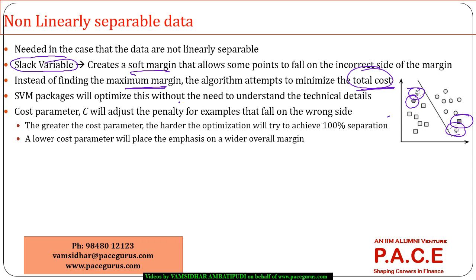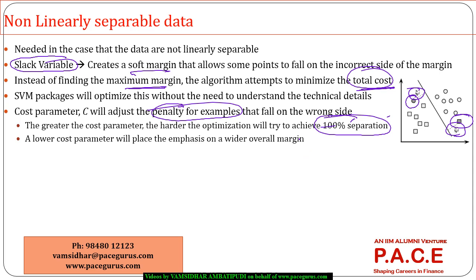So again, these are there as a part of the SVM packages itself. When I am talking about the cost, we are talking about a penalty for those examples that are falling on the wrong side. So if the cost parameter is much higher, there could be a possibility of 100% separation, because it wants to reduce the cost to whatever extent possible.